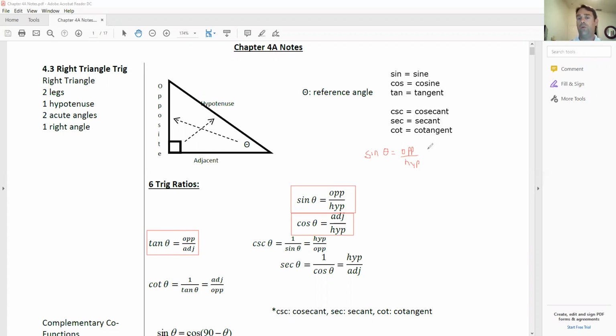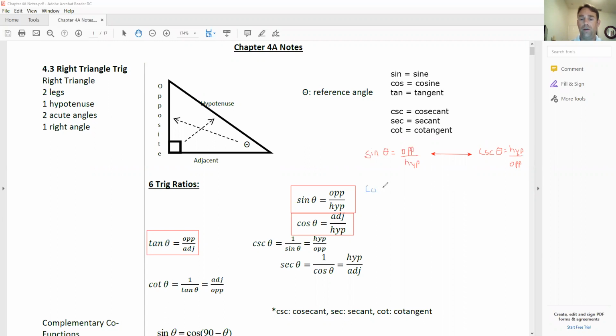The one it's paired with is cosecant. CSC is the reciprocal of sine. So instead of opposite over hypotenuse, this would be hypotenuse over opposite. Also, this isn't sine to the -1. That's inverse sine, which is how we find the angle. This is just a reciprocal function.